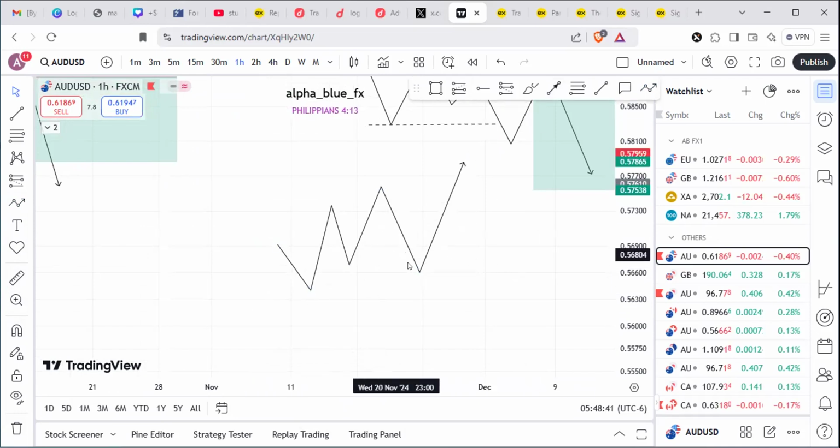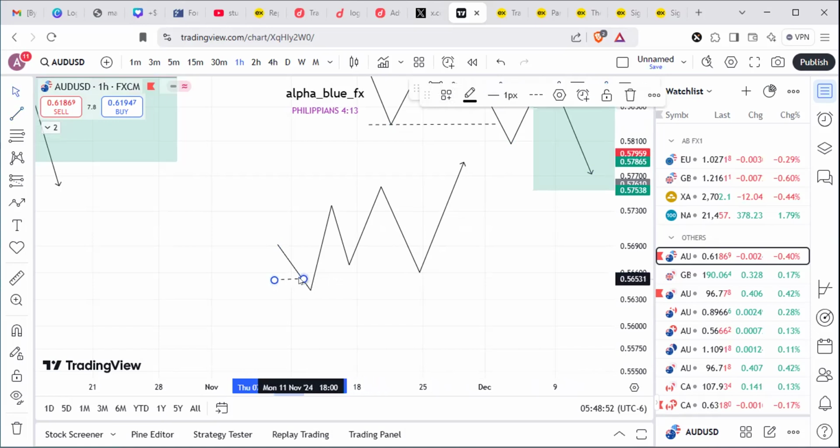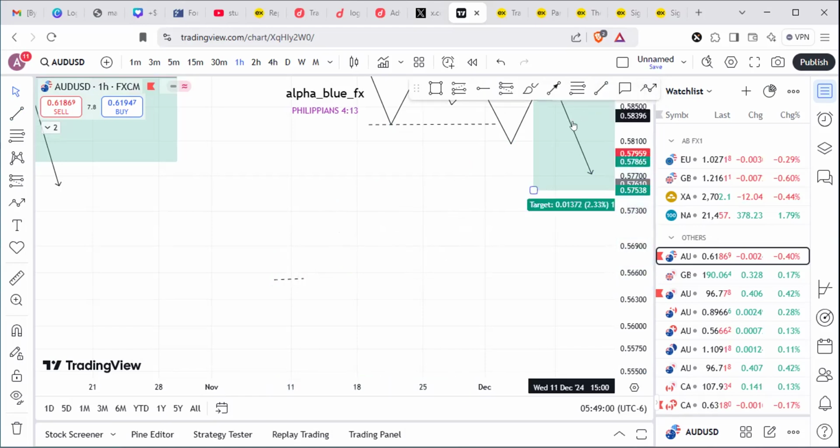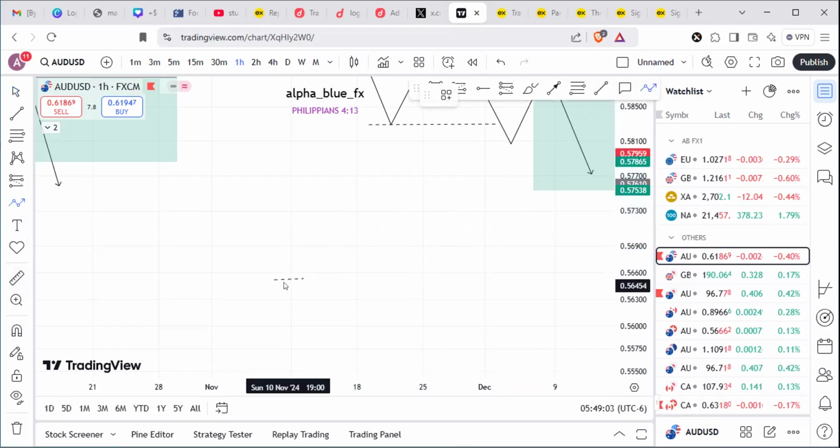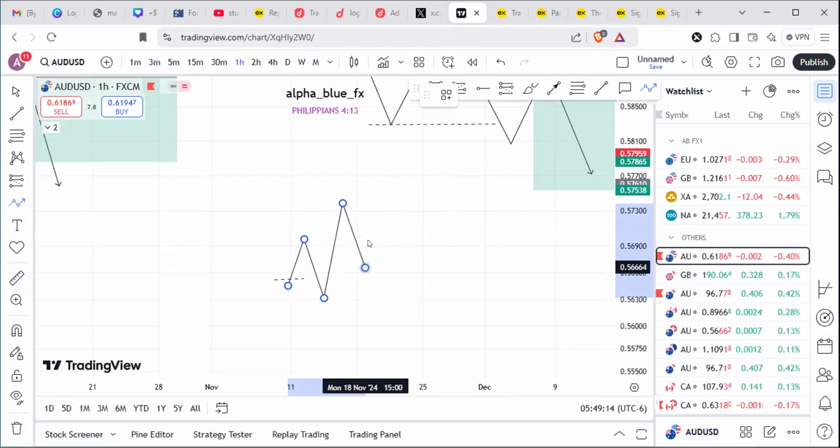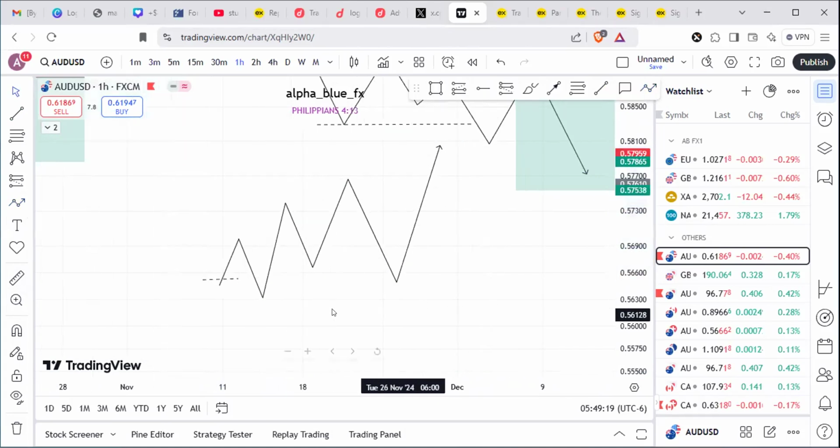I don't think I drew it correctly, but you just know that market took out liquidity here, right? And then it broke structure to the upside. No, let me draw this right. So this is it, right?